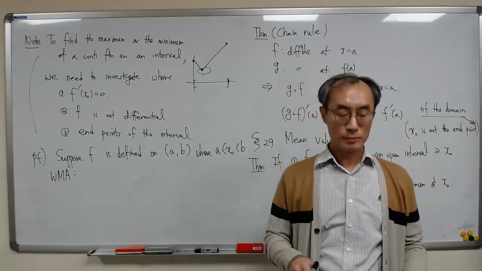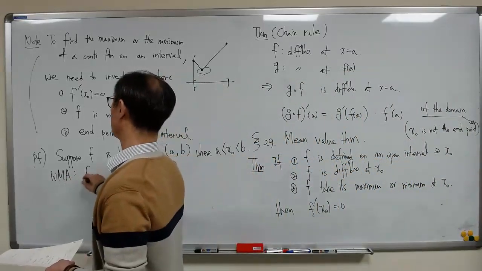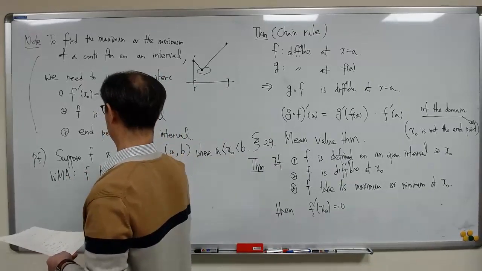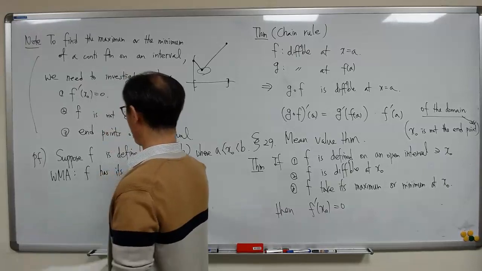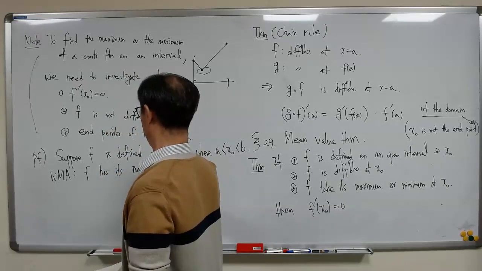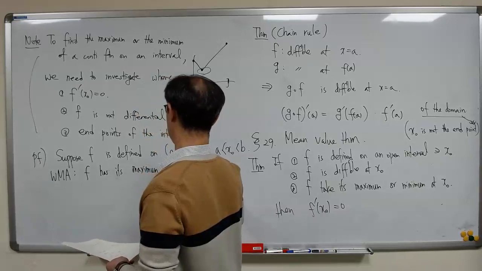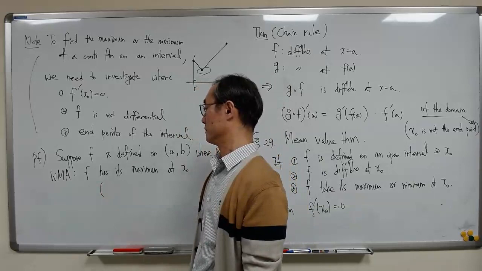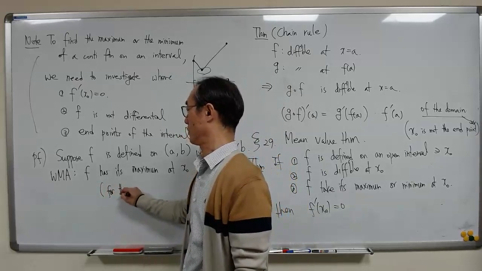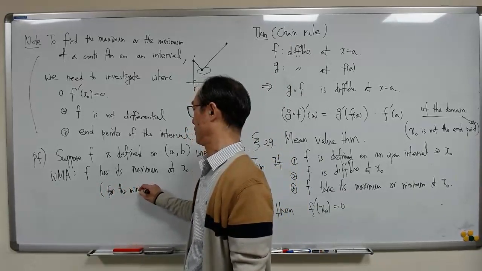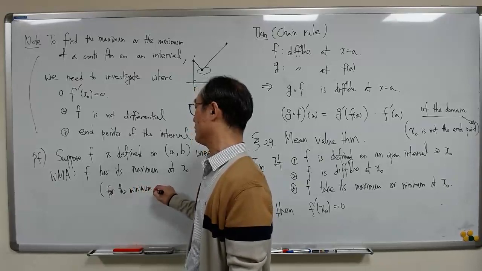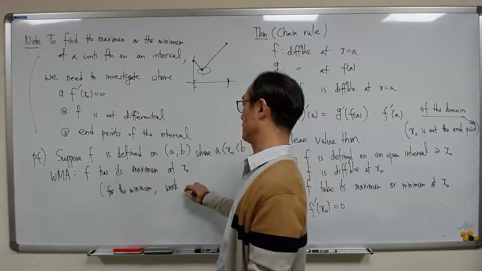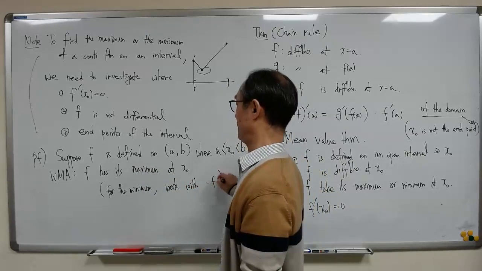Here, for the simplicity of the proof, we may assume the function f has its maximum value at x naught. For the minimum point, you can use the same proof with minus.